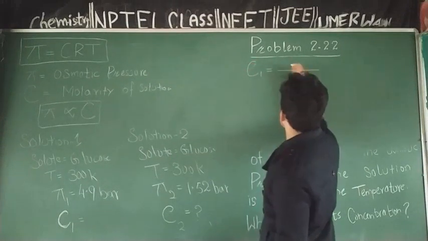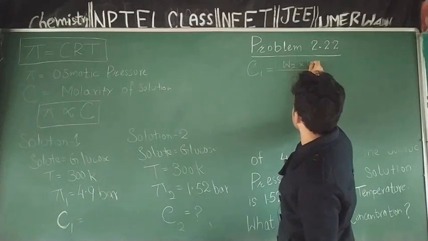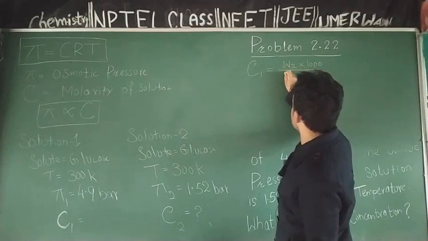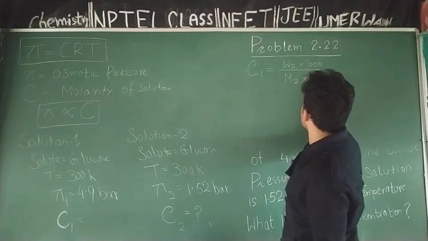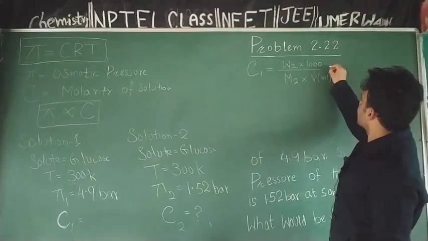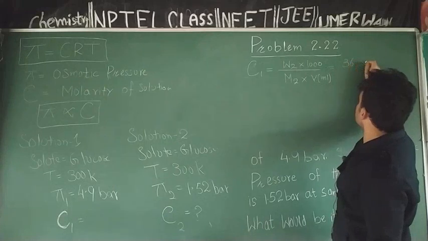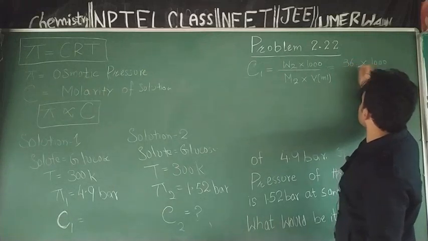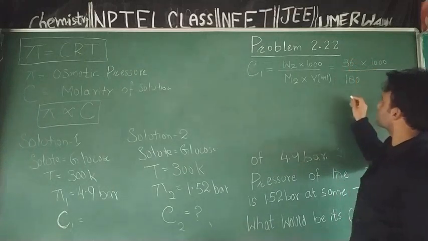C1 will be equal to W2 multiplied by 1000 divided by M2 multiplied by volume in ml. Weight of glucose is 36 grams multiplied by 1000 divided by molar mass of glucose, 180 grams.